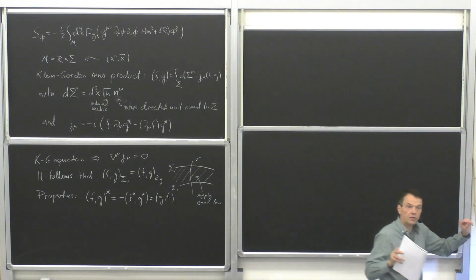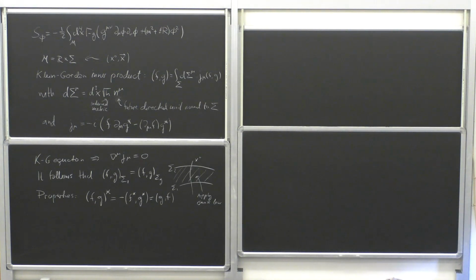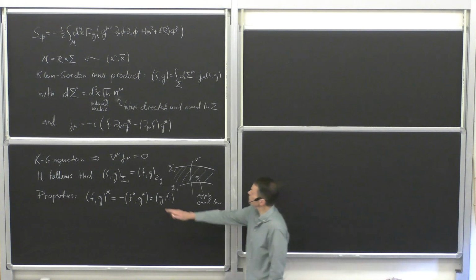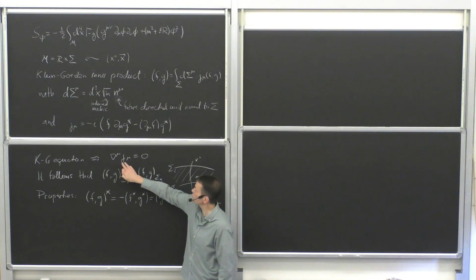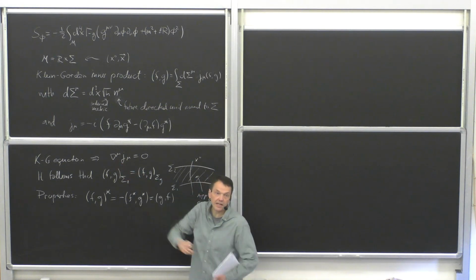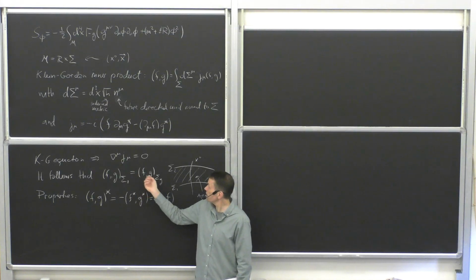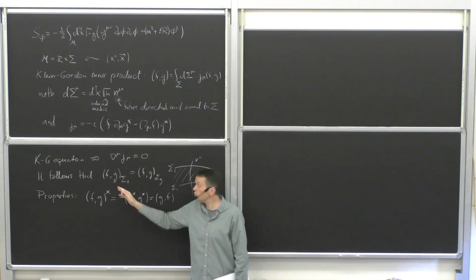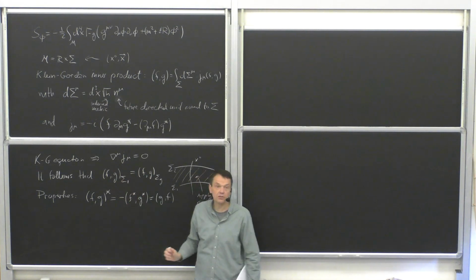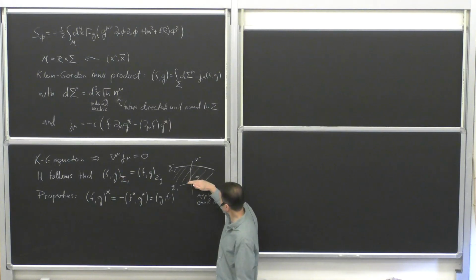Those modes form a basis of functions on the manifold. I can take any function I like and expand it in modes of the field and use these properties. So I'm using the Klein-Gordon equation to establish this.